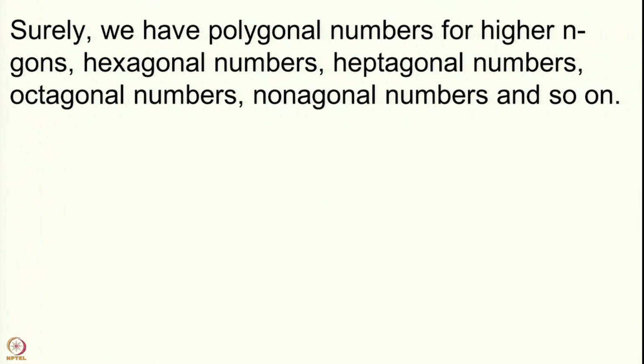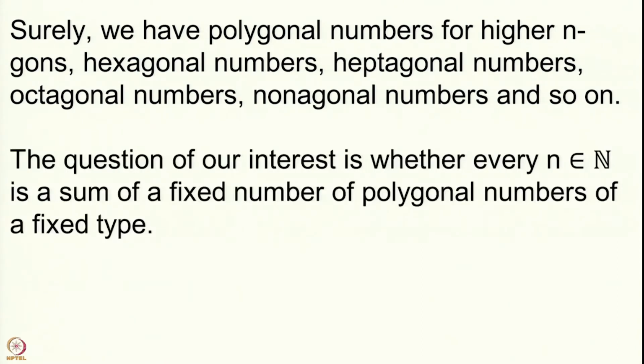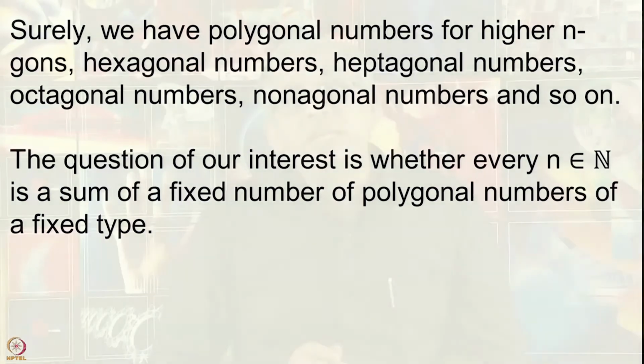So, what we would actually be interested in finding out is whether every natural number is a sum of a fixed number of polygonal numbers of a fixed type. Is it true that any given natural number n is a sum of g many k-gonal numbers?